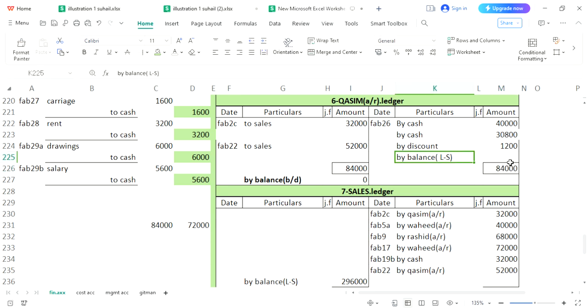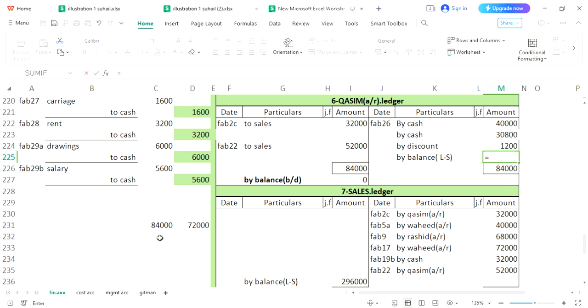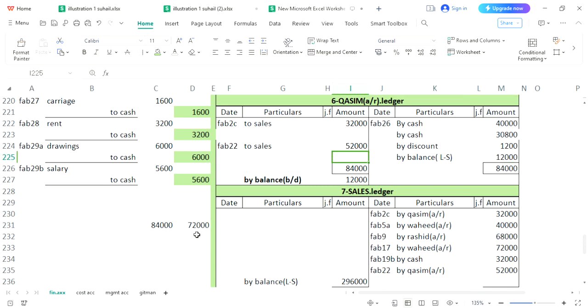On the calculator you will write the larger sum first, which is 84,000, and subtract the smaller sum, which is 72,000, and put it over here. This way you will be able to calculate your initial balance, which is 12,000, and now it's time to bring this balance down. We will go to the opposite side, come downwards and write the same balance, 12,000. In this way Qasim's ledger is completed.